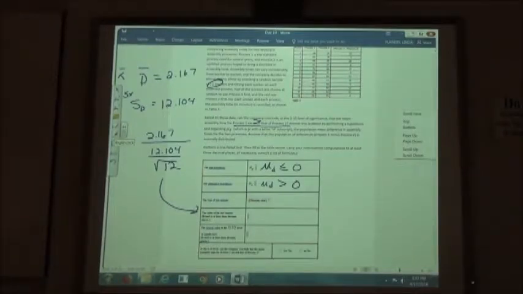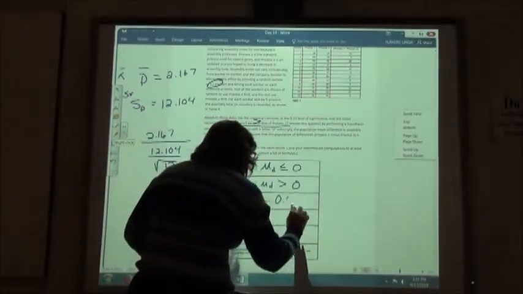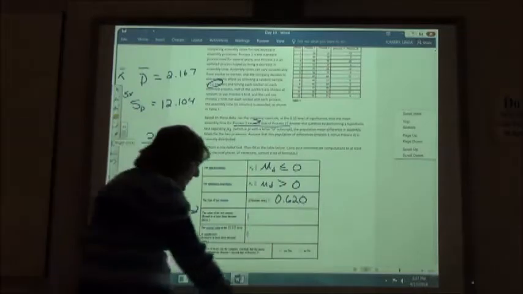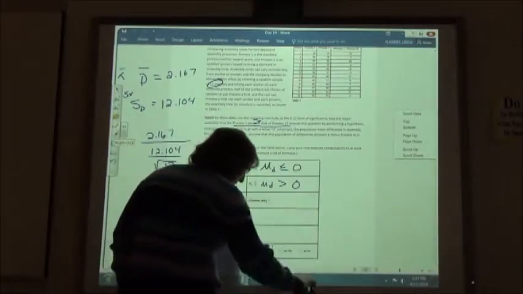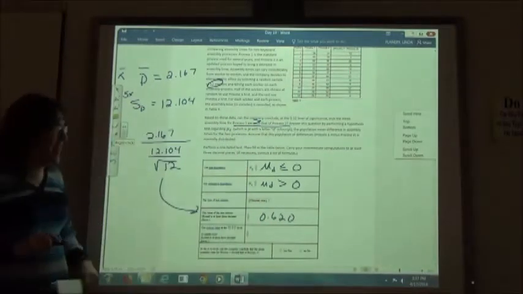So when we divide that out, 2.167 divided by 12.104 divided by the square root of 12 gives 0.620.